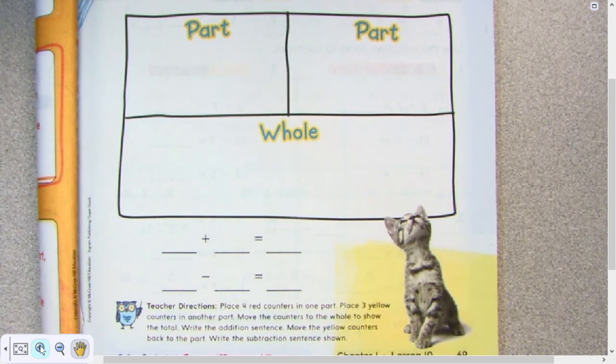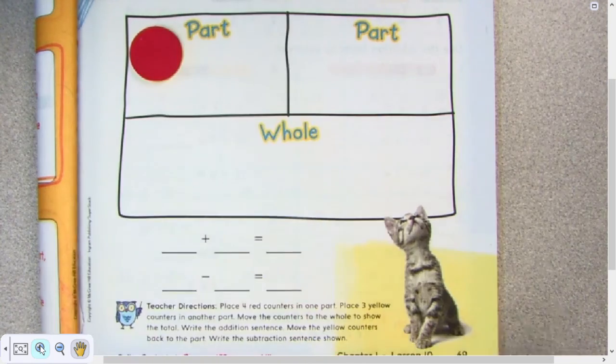Now we feel better. All right, so place 4 red counters in one part. Place 3 yellow counters in another part. Let me get my counters. All right, so it says place 4 red counters in one part.